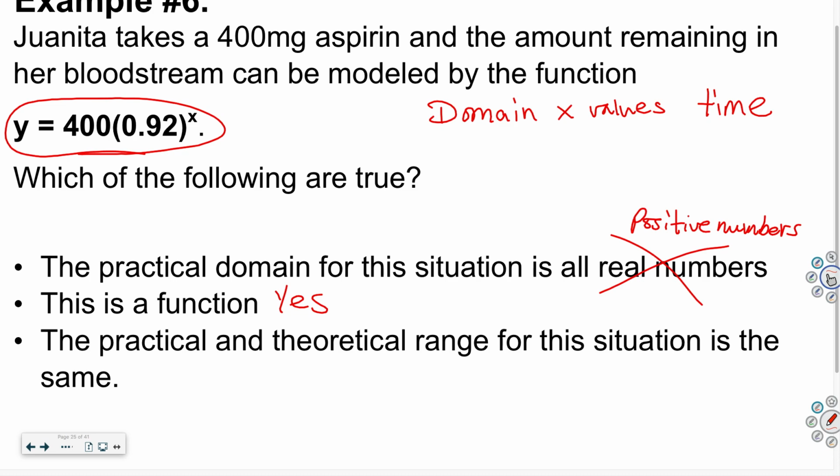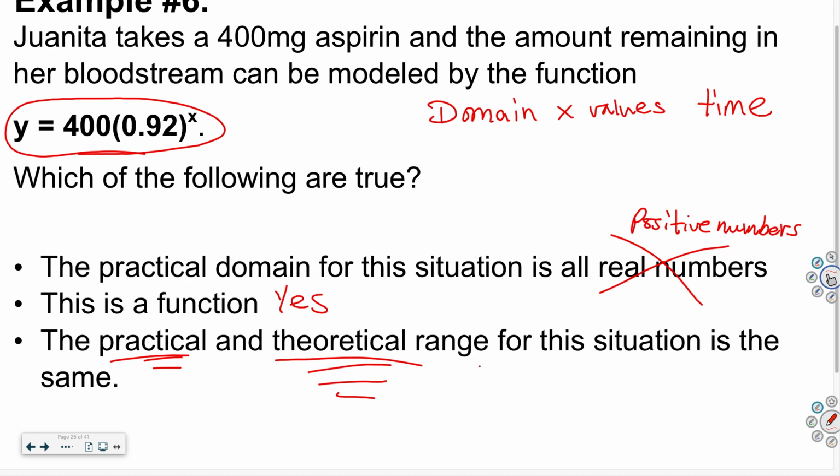The practical and theoretical range for this situation is the same. The theoretical range would include any possible range value, while the practical would only include 400 and below. So that won't be true.